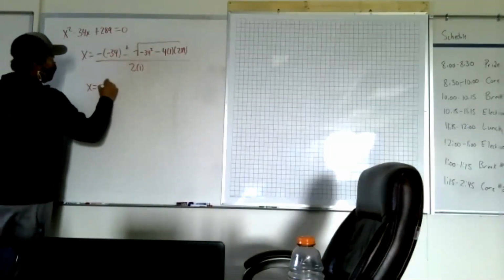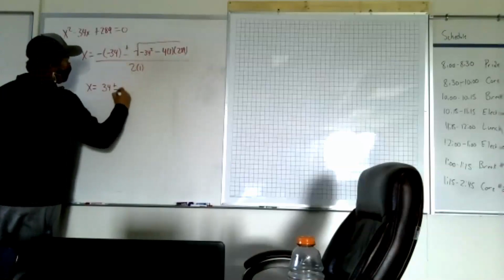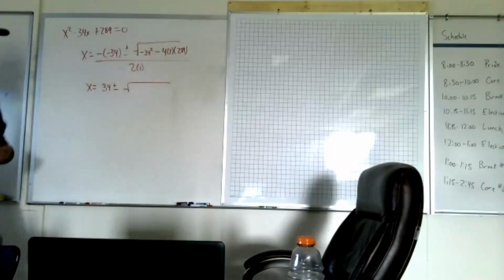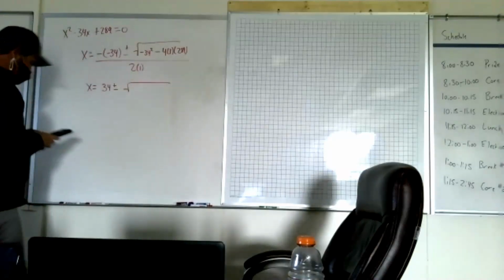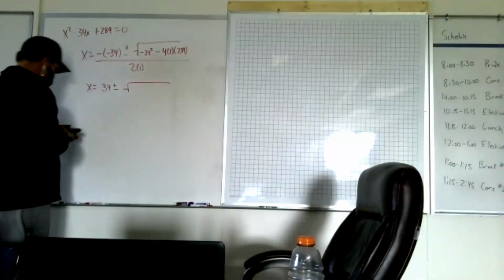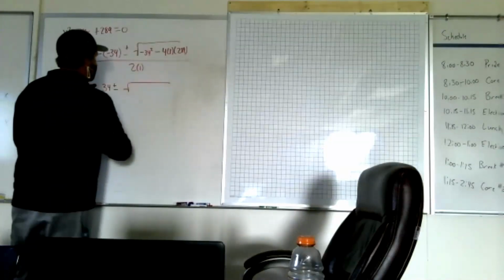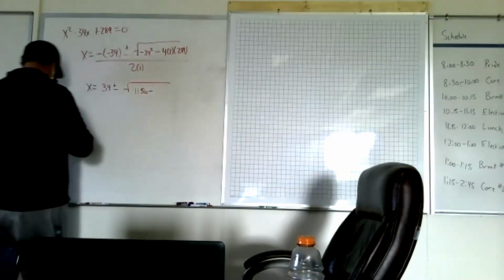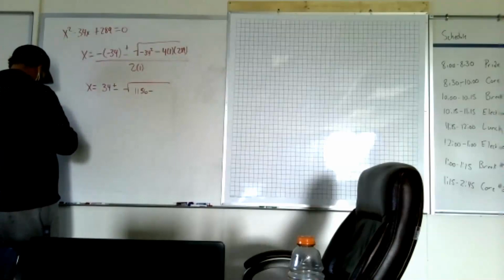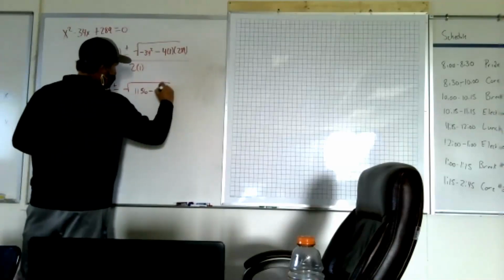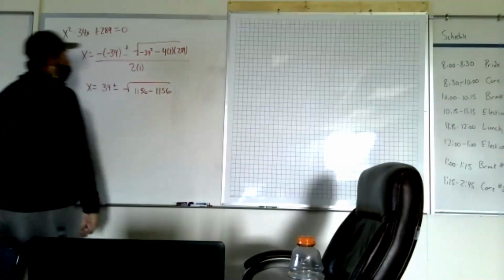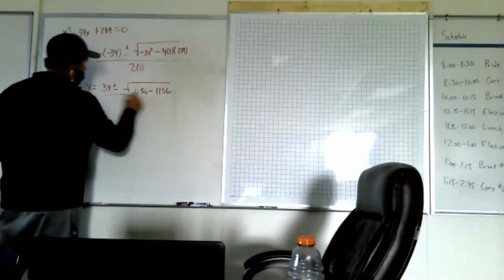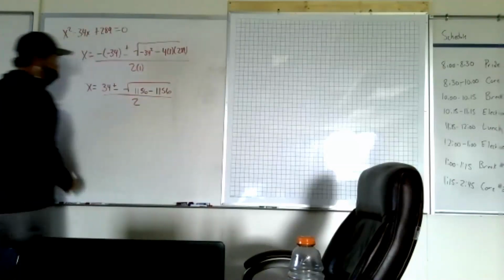So x is equal to 34 plus or minus the square root of 34 squared, which is 1,156, minus 1,156, because 4 times 289 is 1,156, all divided by 2.